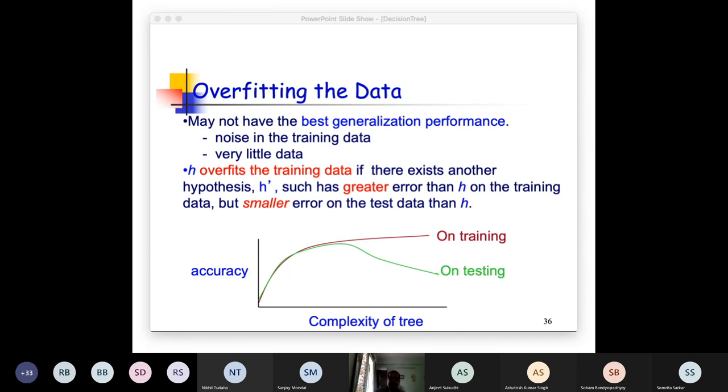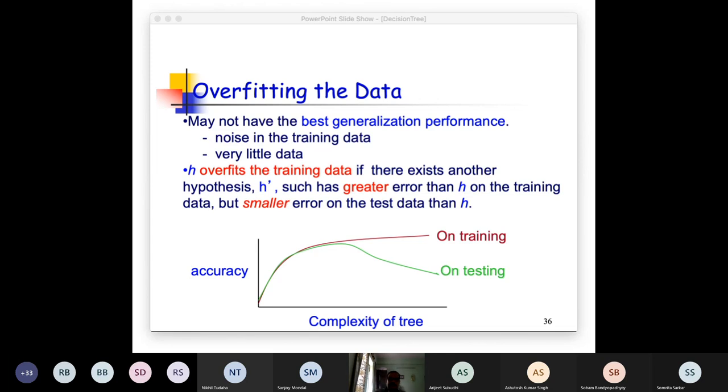We consider that there should exist another model, whose training error is higher, but its generalization error would be low. Ultimately, our objective is to keep the generalization error low. So both training and generalization error should be low. That would be a good indication of a particular model.